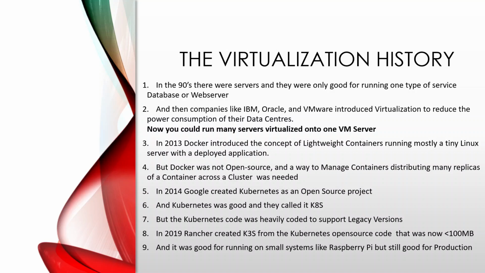So in 2014, Google created Kubernetes as an open source project. And Kubernetes was good, and they called it K8S. But with Kubernetes, the code is heavily coded to support legacy versions.